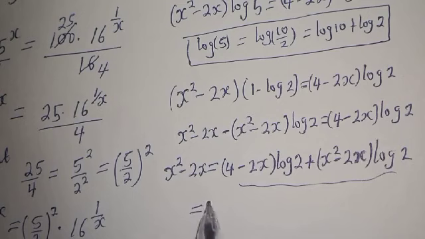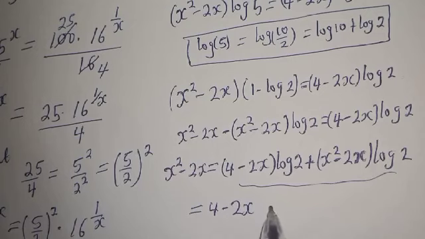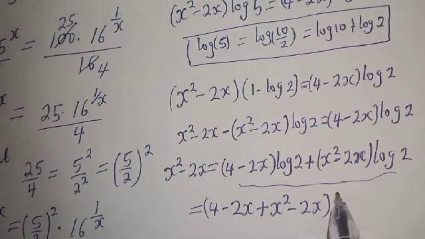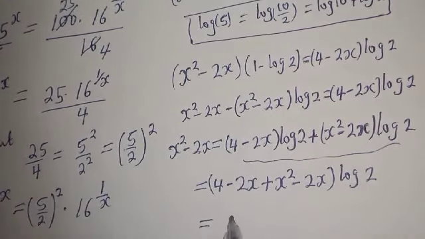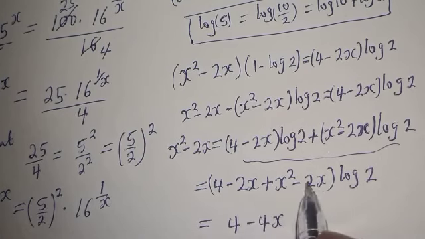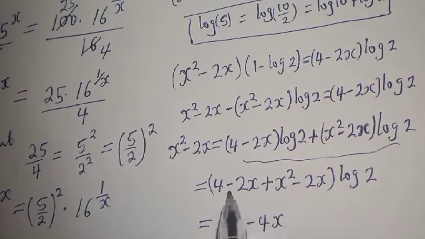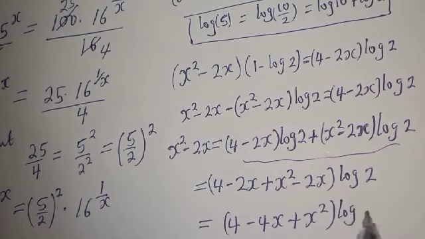This is equal to 4 minus 2x plus x squared minus 2x log 2. Then this is equal to 4 minus 4x, that is minus 2x minus 2x, plus x squared log 2.